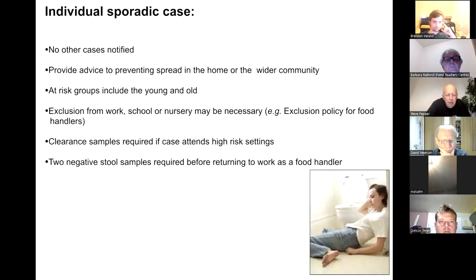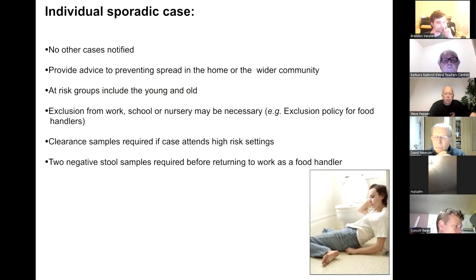Individual sporadic cases are where there are no other cases notified, such as a single person who has E. coli. They will then be provided with advice for preventing spread in the home or the wider community, especially at risk groups and the young or the old.